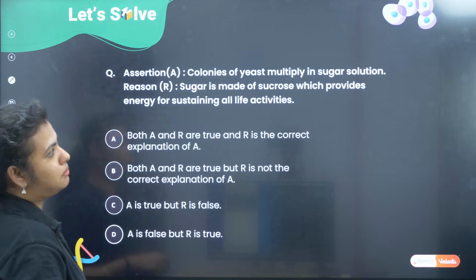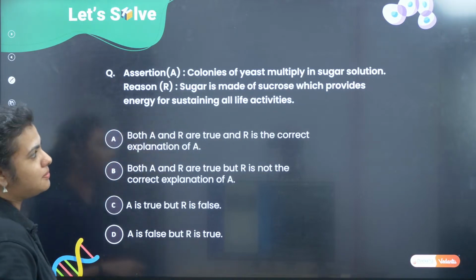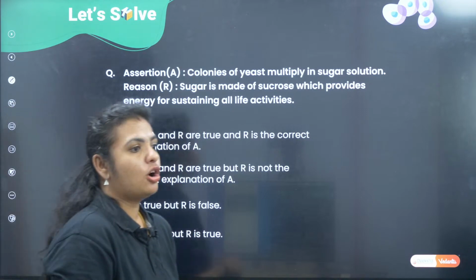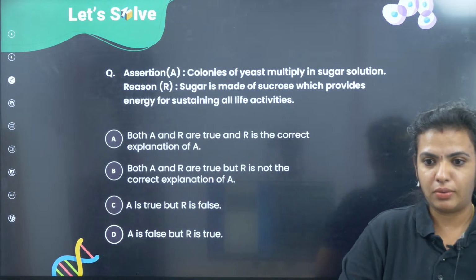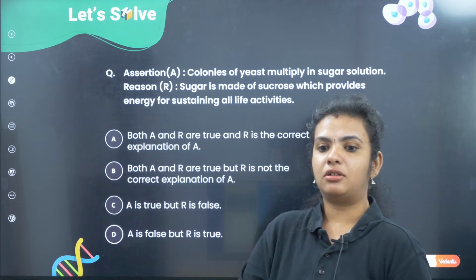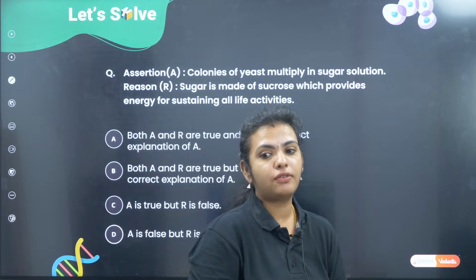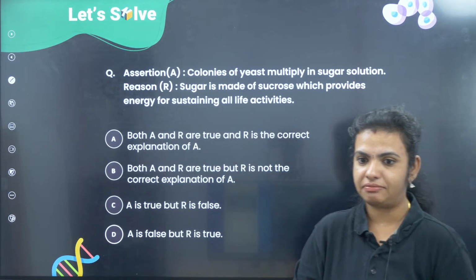Colonies of yeast multiply in sugar solution. The reason says sugar is made of sucrose, which provides energy for sustaining all life activities. Okay, very simple. Netra says she has understood. I have a lot of questions today, but no time, unfortunately.